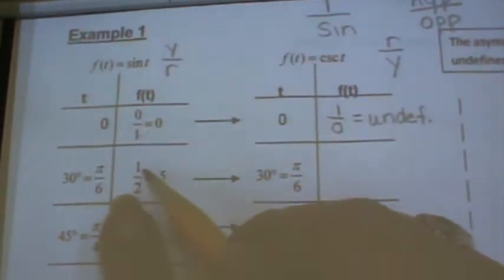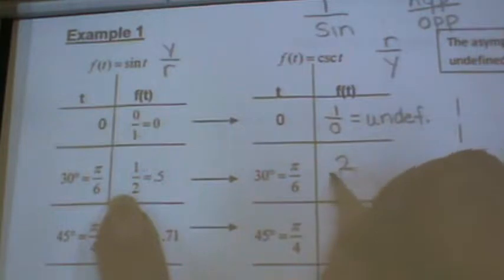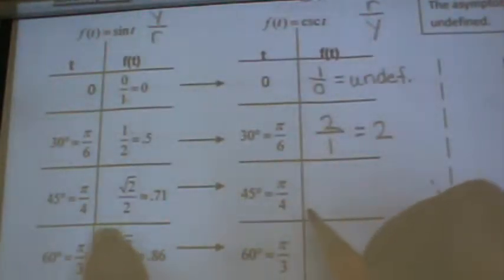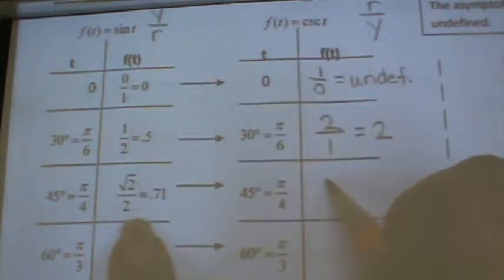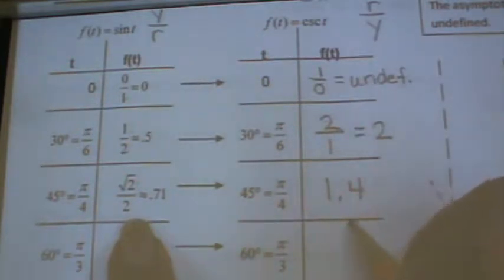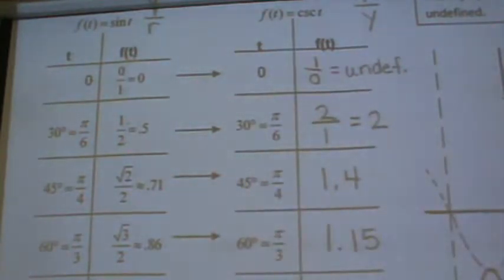It's going to be hypotenuse over opposite, so in other words, 2 over 1, or 2. What's the 45 going to be? Instead of root 2 over 2, it's going to be 2 over root 2, and if I convert it to a decimal, it's about 1.4. And this one's going to be about 1.15. So these are the values.